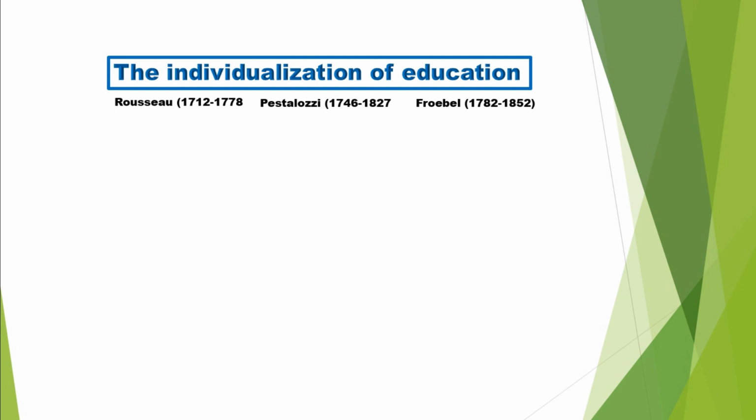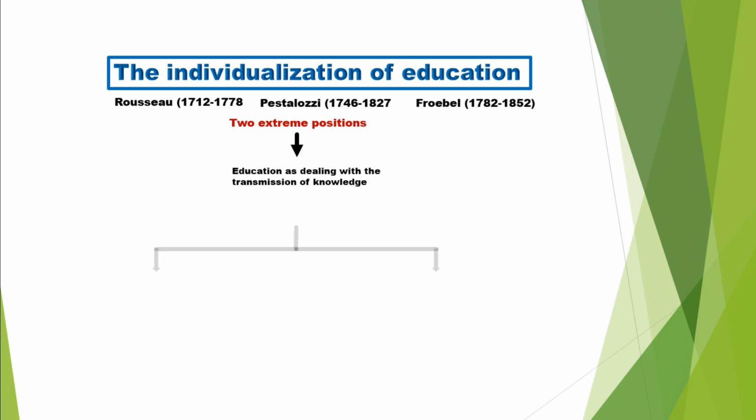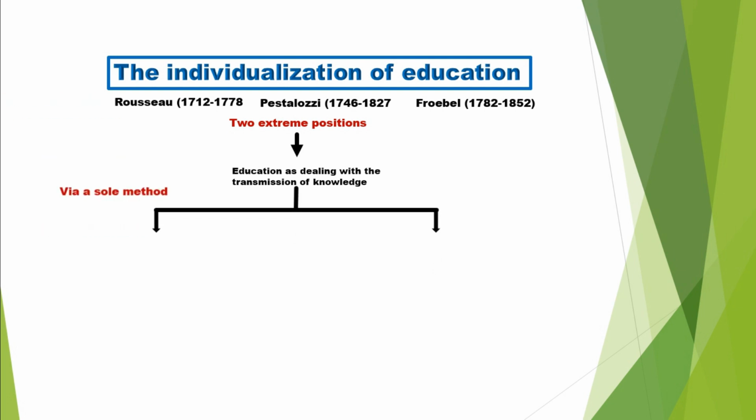Also, from this moment on, we will be able to perceive a constant swing of a pendulum between two extreme positions: those who saw education as dealing with the transmission of knowledge via a sole method, and those who saw it as happening via specific individualized means.